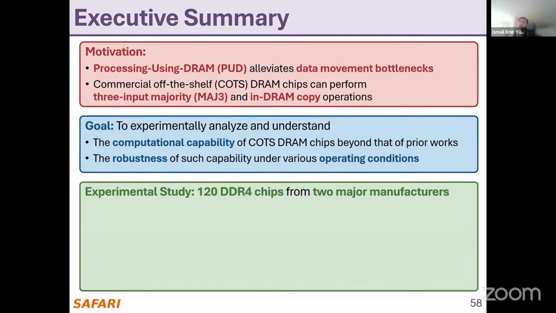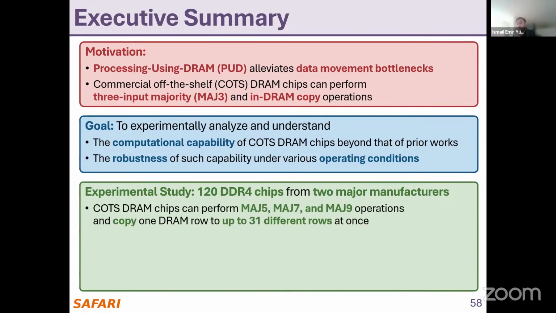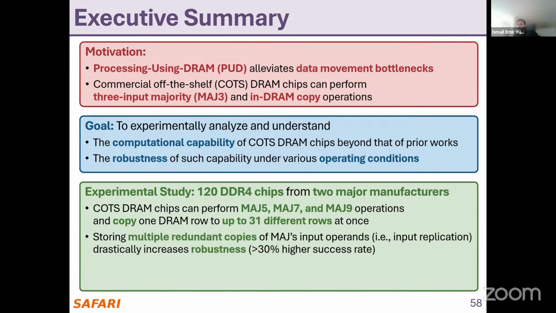To this end, we conduct an experimental study on 120 DDR4 chips from two major manufacturers, and we observed that off-the-shelf DRAM chips can perform MAJ5, MAJ7, and MAJ9 operations, and copy one DRAM row to up to 31 different rows at once.